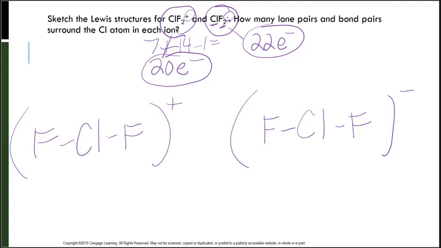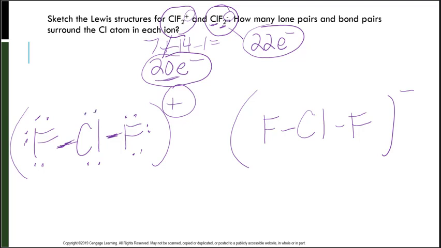I put a bond in between the chlorine and the fluorine here, and this is our +1. And I need to get to 20 electrons, so I count up to 20.